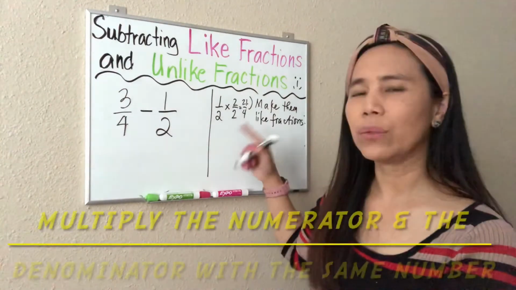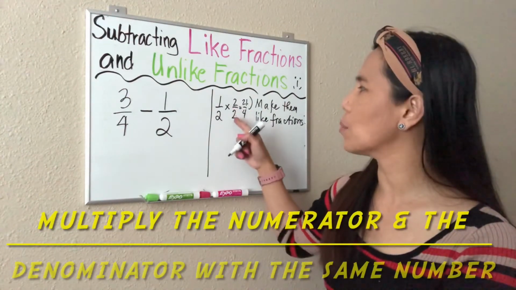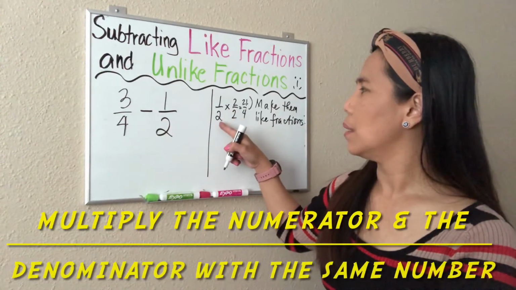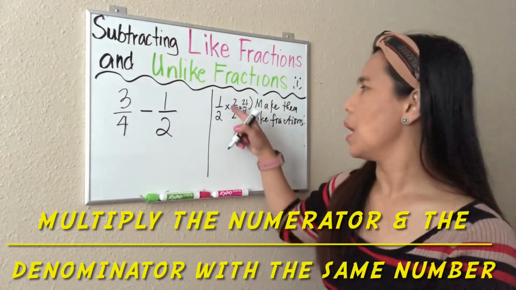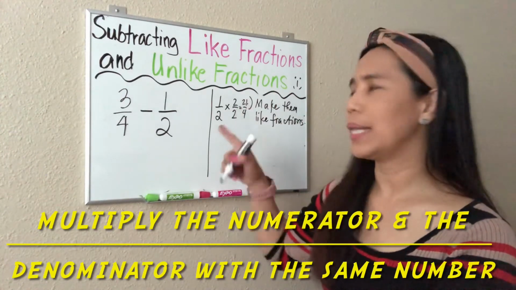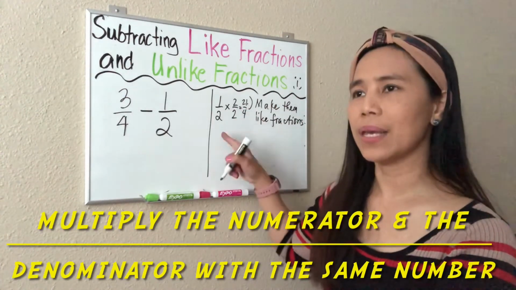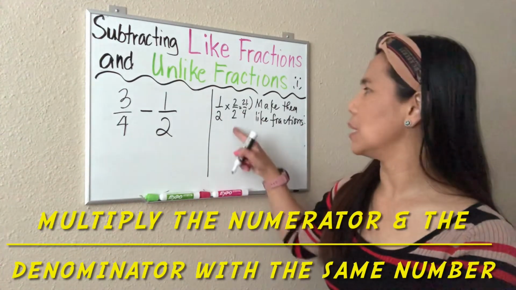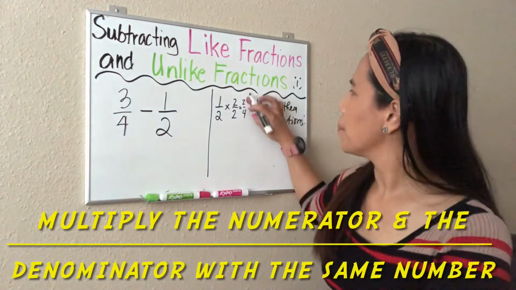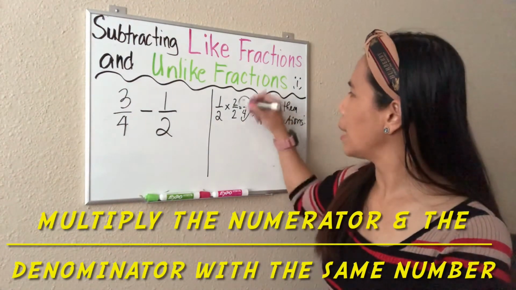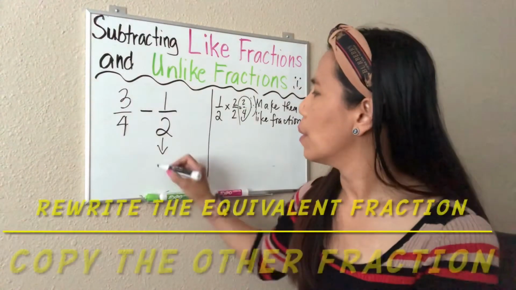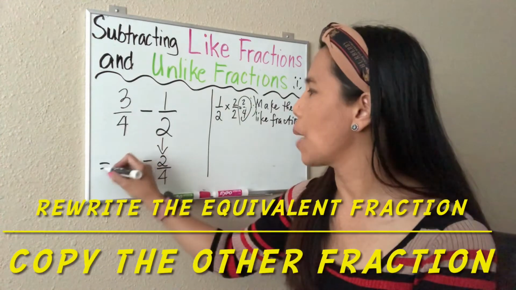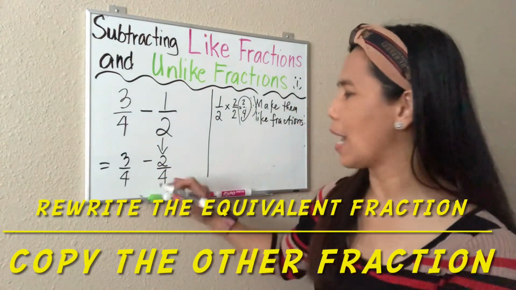Remember that when we are making an equivalent fraction, we also multiply the numerator and the denominator by the same number, because that will be equivalent to 1, and if you multiply it with any fraction, the value will not change. Okay, that is the principle of that. So if we have that 2/4 now, we can rewrite 1/2 as 2/4, and then we can just copy 3/4. Now they are like fractions.